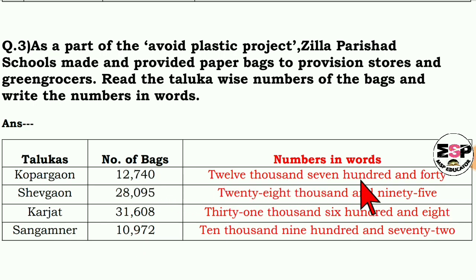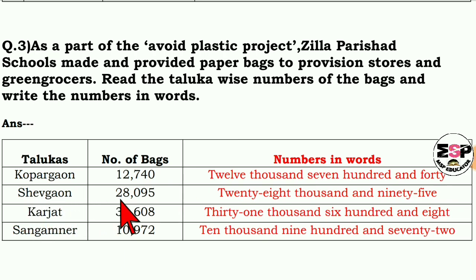Okay. These are your answers which are in red color. So see, the first taluka is Kopargaon and the number of bags is 12,740, which are provided to the provision stores and green grocers. So just convert this number into words. As 12 is written on the 1000 place, write or read it in words like this: 12,740.